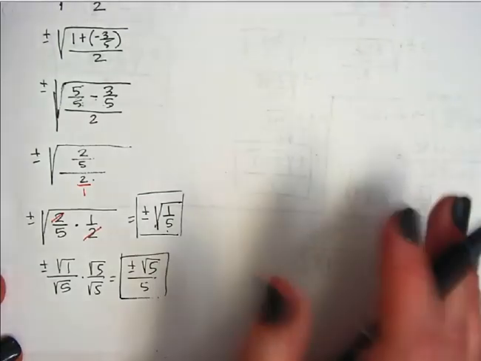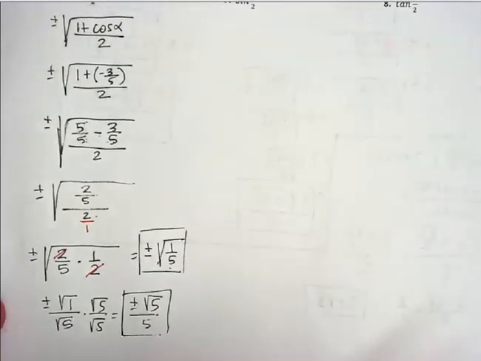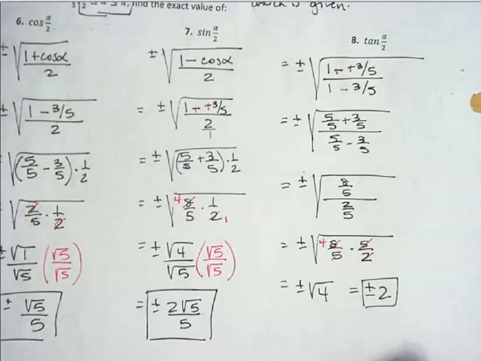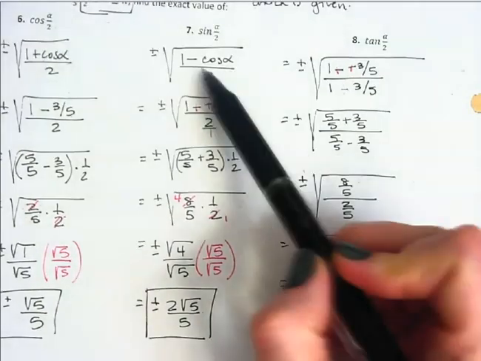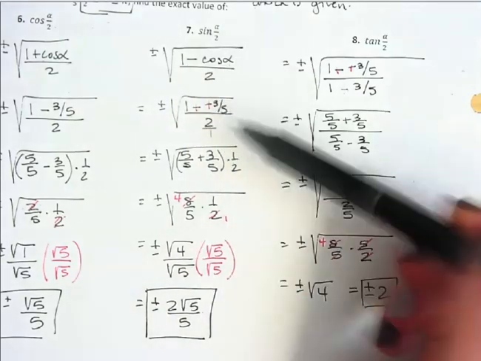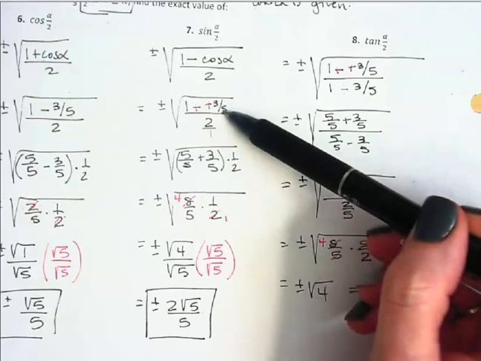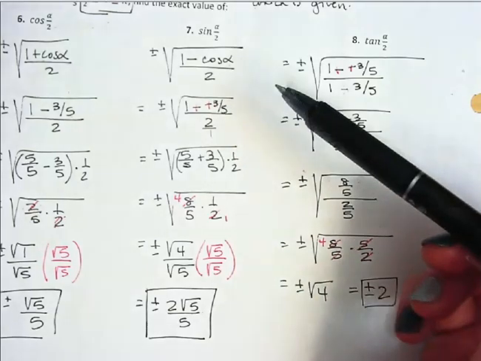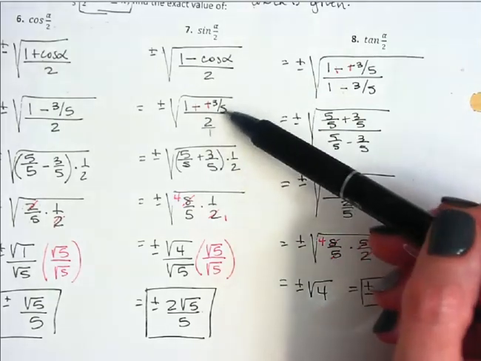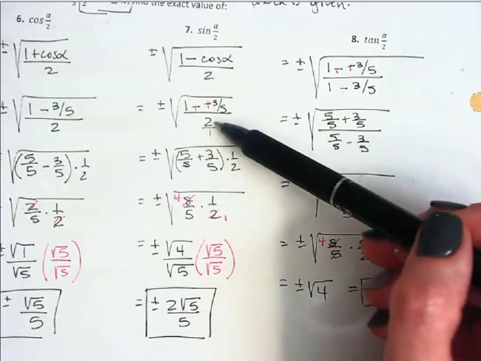All right, so I want you to pause the video and try 7 and 8. Okay, here's my work for 7 and 8. So for 7, the sine formula was 1 minus cosine alpha over 2. I know that cosine alpha is negative 3/5. So this time, instead of 1 minus 3/5 up top, we have 1 plus. Minus negative makes positive.